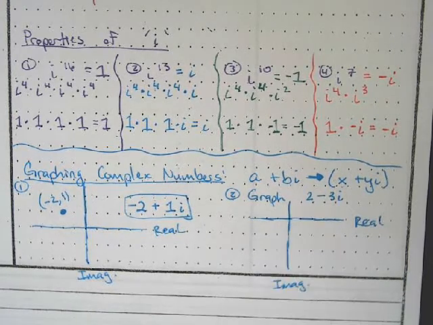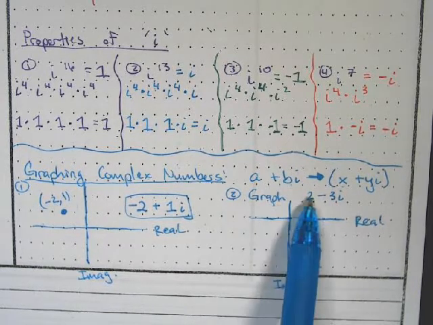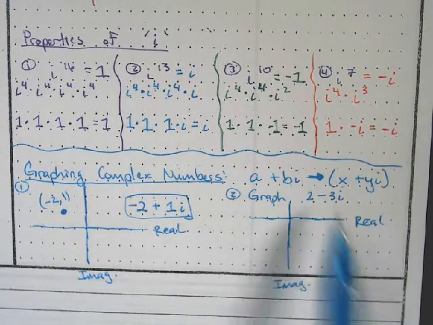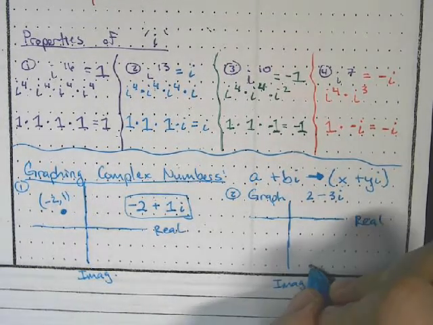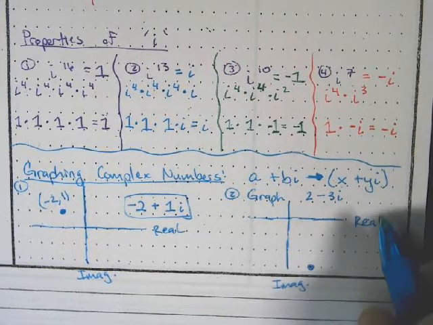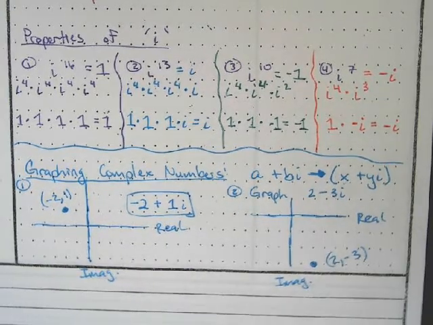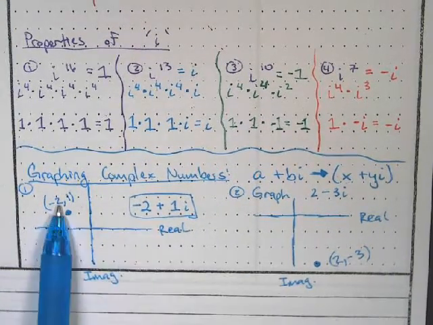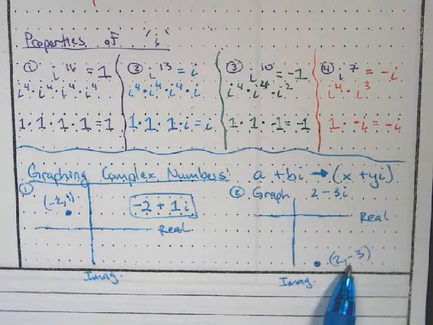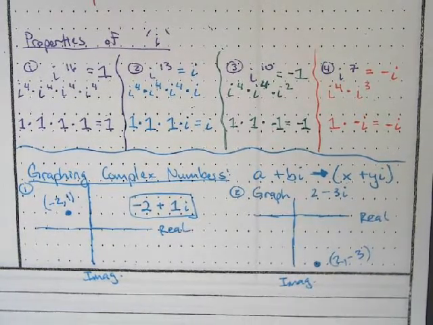So where would this point lie? Well, my x value is 2, and my y value is -3. So we're going to go 2, -3, and there's our complex point, like so. So we can build the complex number given a point, or we can plot the point given a complex number. So we'll need to be able to do both.